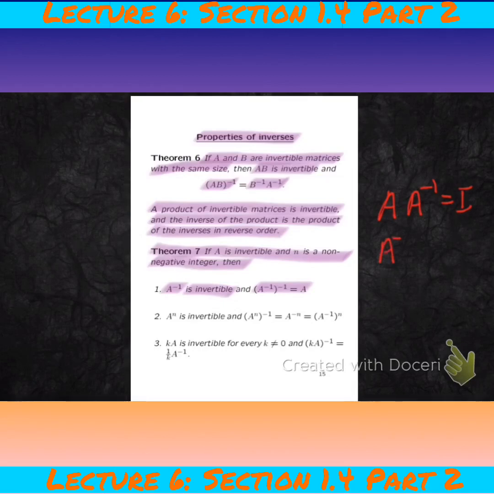If I take A's inverse with A, that's also the identity. So what is the inverse of A's inverse? It is A, because if I multiply this matrix on the left and on the right with this matrix, I get the identity.